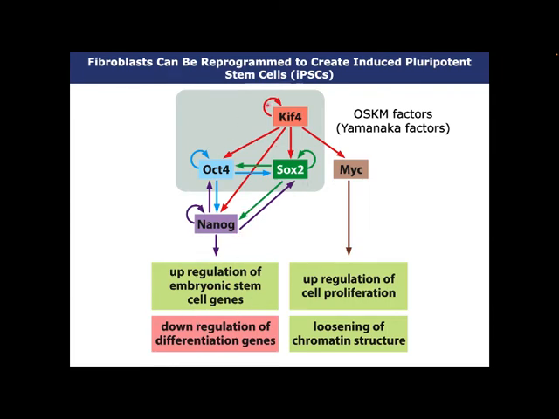So this feedback mechanism accelerates the reprogramming process and also turns on the endogenous expression of these pluripotency genes. So although we introduced the exogenous expression of transcription factors, these factors boost up their own expression and eventually turn on the endogenous promoters of KLF4, OCT4, SOX2, cMYC, and NANOG.